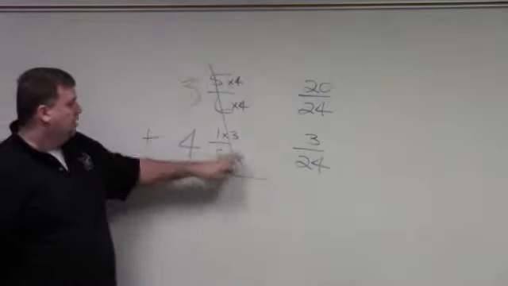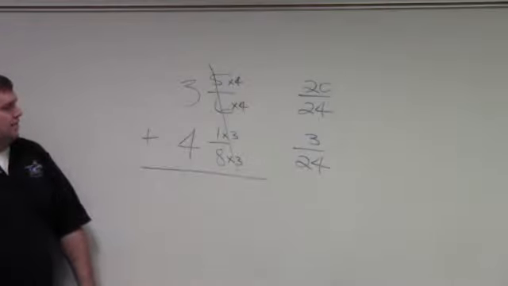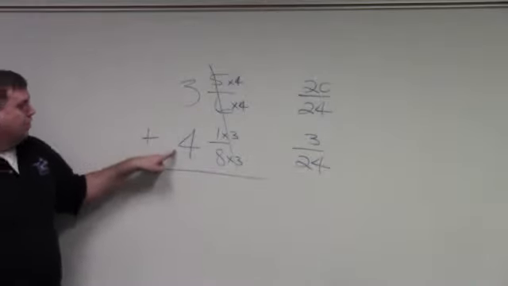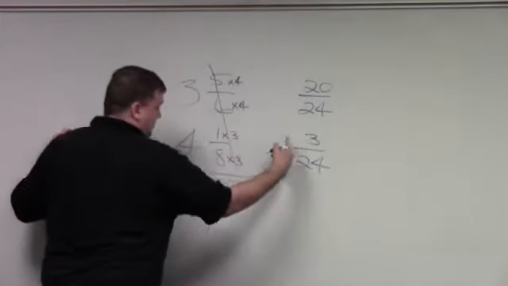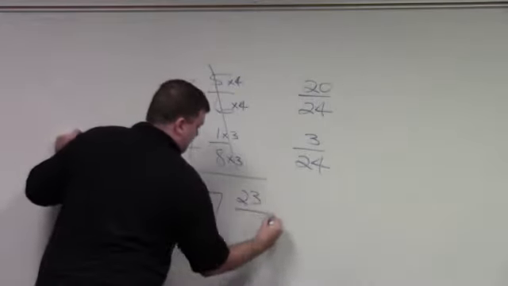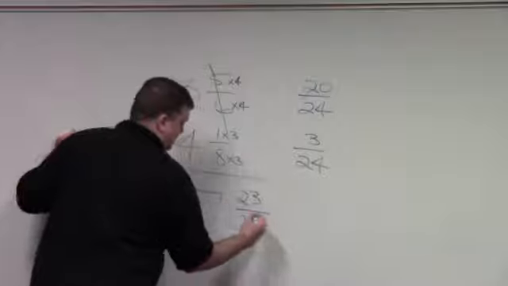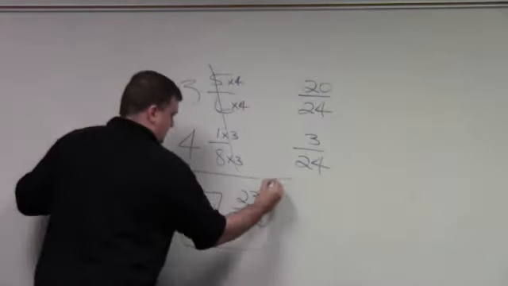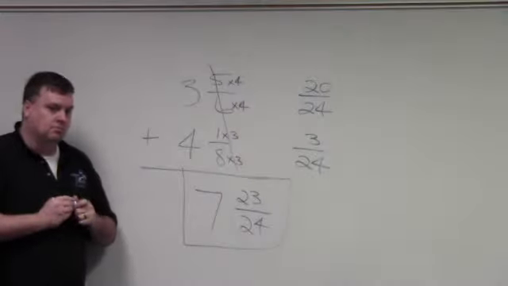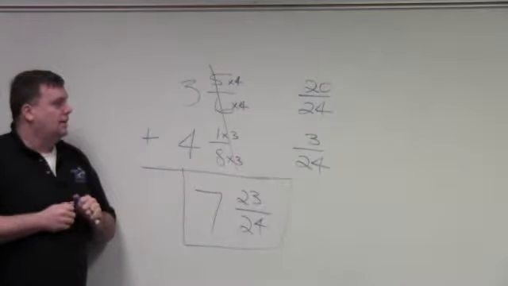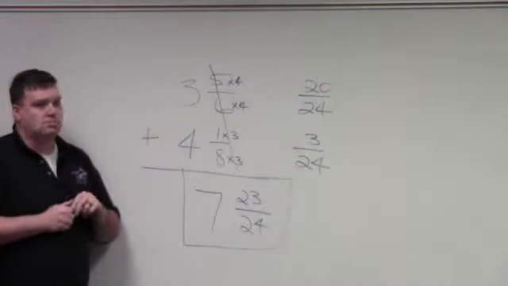We're really done with the original proper fractions. So 3 plus 4 is 7, and 20 plus 3 is 23. And then keep the same denominator, 24. That's there, right? Any questions on that one?